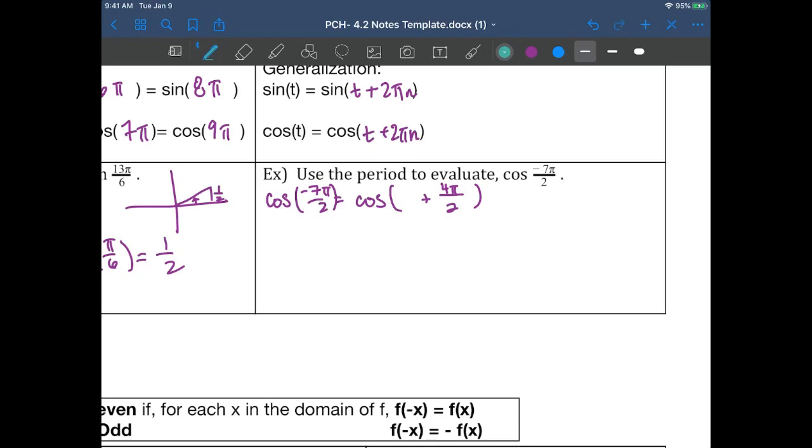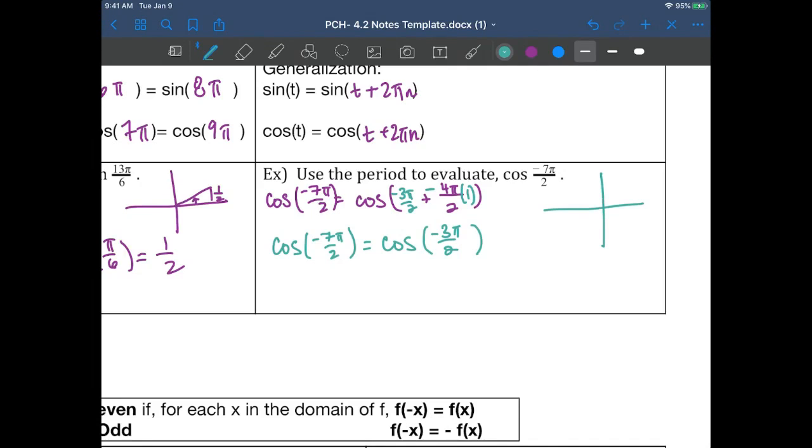Well, let's just subtract them. It looks like we can take out that times 1, leaving us with negative 3 pi over 2 left over. So the cosine of negative 7 pi over 2 is equal to the cosine of the coterminal angle, negative 3 pi over 2.